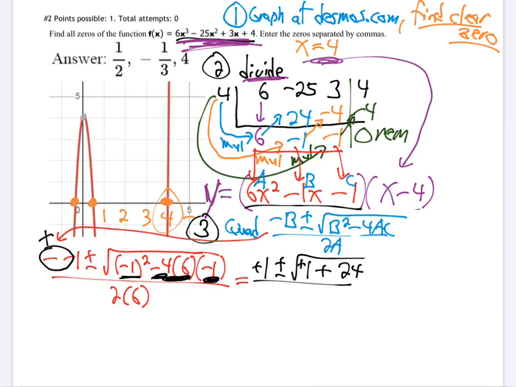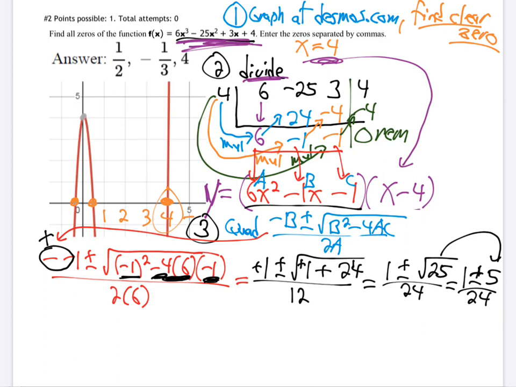All over 2 times 6, 12. So that is 1 plus or minus the square root of 25 over 24. And what's the square root of 25? It's just 5, right? Square root of 25 is just plain 5, and the root vanishes. Remember, when you root something, then the root vanishes.